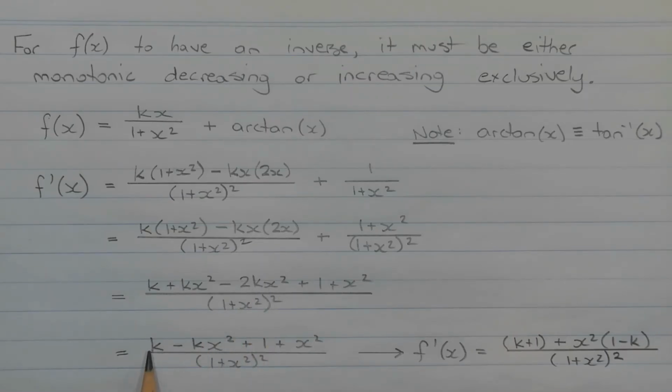So we get f dash of x is equal to k minus kx squared plus 1 plus x squared over (1 plus x squared) to the power of 2. Factorising x squared from this term here and this term there, we get f dash of x is equal to (k plus 1) plus x squared times (1 minus k) over (1 plus x squared) to the power of 2.